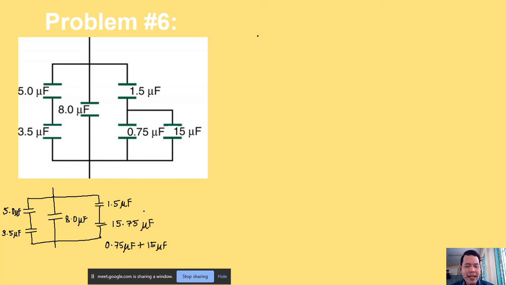Okay, next. So, makikita na po natin na somehow simple na po yung ating network. So, from 15.75 microfarad, hahanapan po natin siya ng ating partner. At ang pinakamalapit at ang pinaka-visible, si 1.5 microfarad. And these two capacitors now become 1 and they are connected in series. So, let me redraw the diagram.